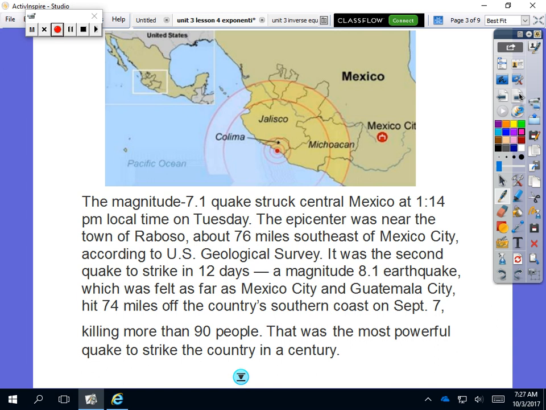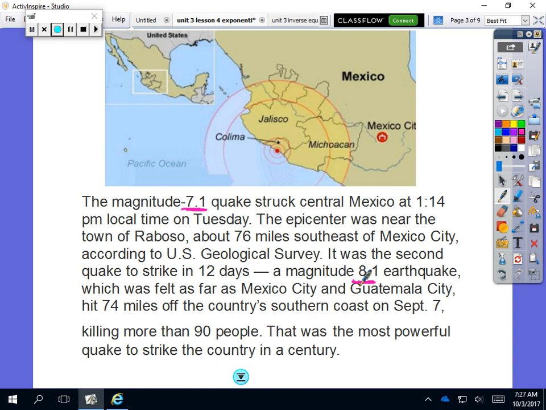And so scientists made up a measurement scale using logarithms to make it more understandable and more user-friendly. We call that the Richter scale. So you might remember that there were several earthquakes in Mexico about a month ago. The first one was an 8.1 on the Richter scale, and that hit on September 7th off the southern coast of Mexico.